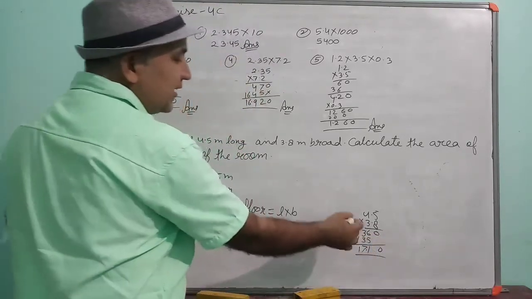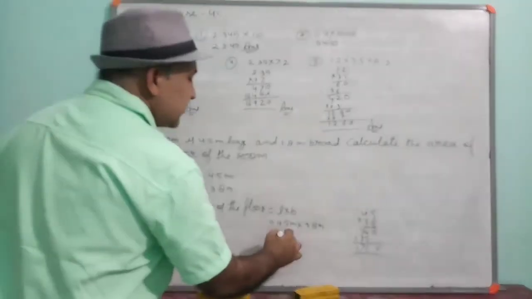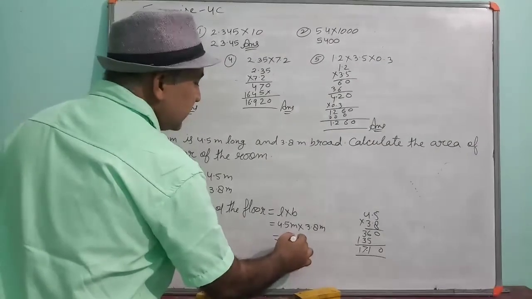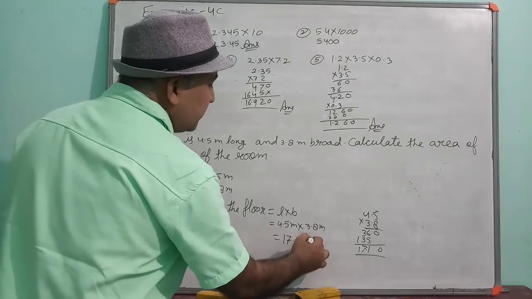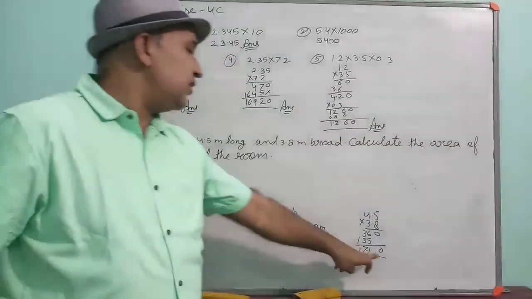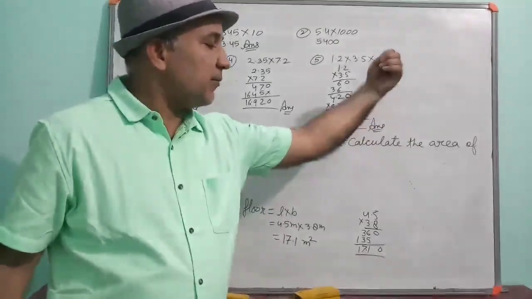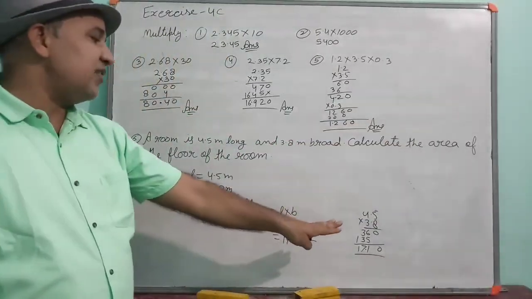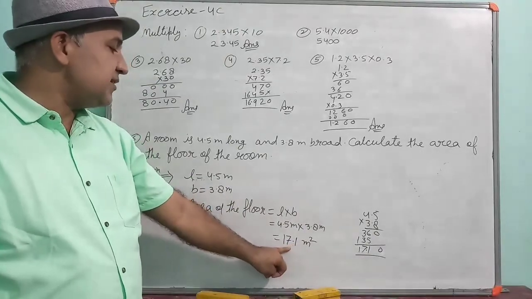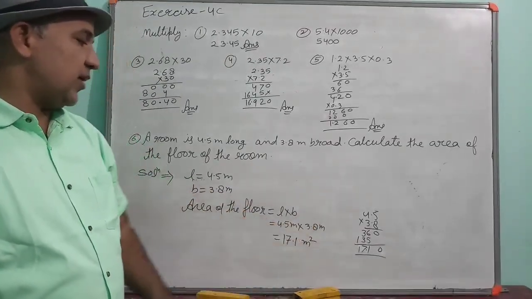So 1, 2. From the right hand side, after 2 digits, you will put the decimal. That means your answer is 17.10 meter square. No need of writing this 0. After the decimal, the zeros which come at the last are valueless. So we can write only 17.1 meter square.